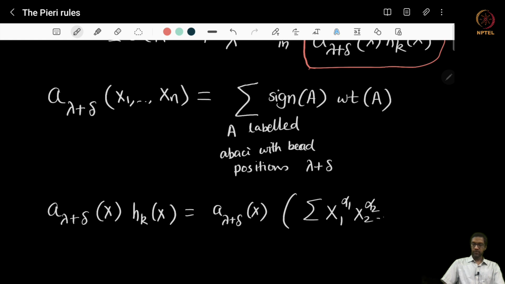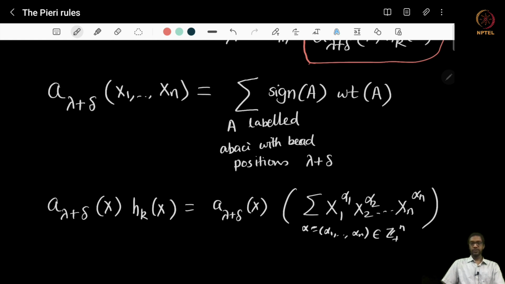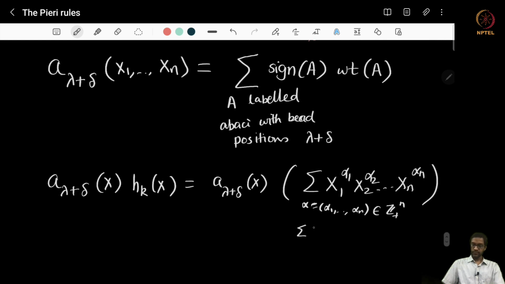What is alpha 1, alpha 2, alpha n? Alpha here is just the tuple multi-index whose total sum is k. You have to run over all possible such multi-indices.